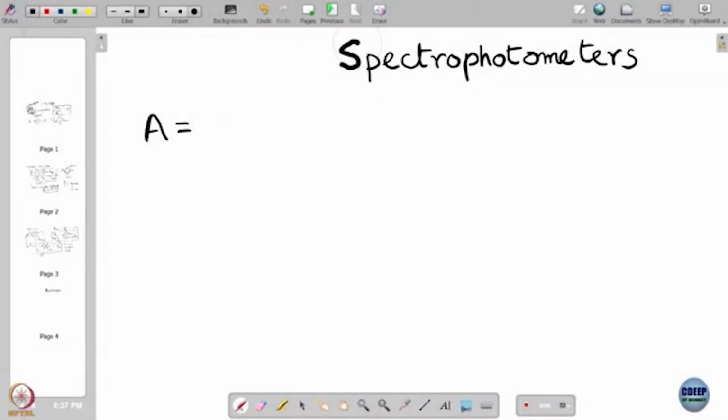So far we have learnt about absorption and emission spectroscopy, in the sense that we know that absorbance is epsilon Cl, and absorbance is actually defined as log of I0 by IT, where I0 is the intensity of the incident light, IT is the intensity of the transmitted light.